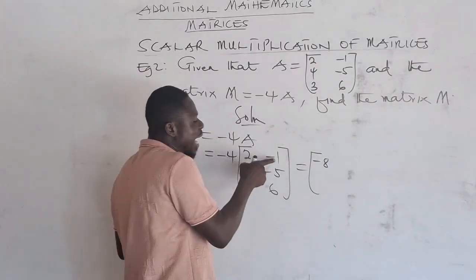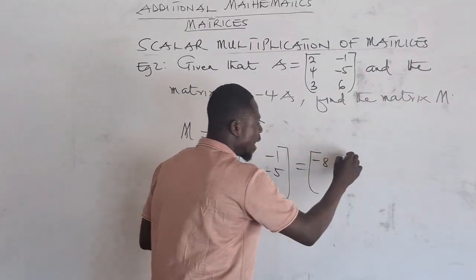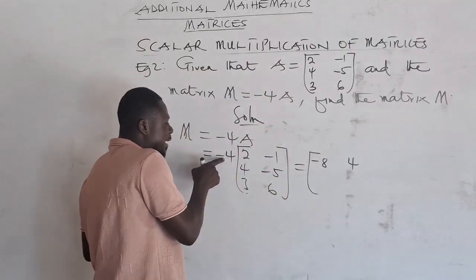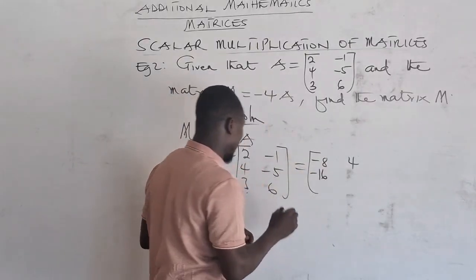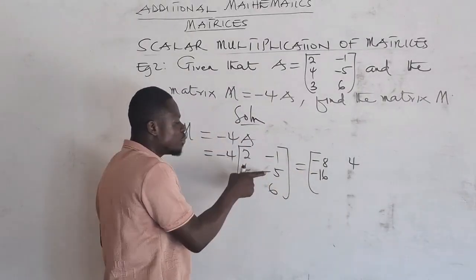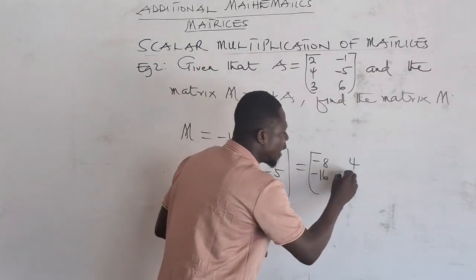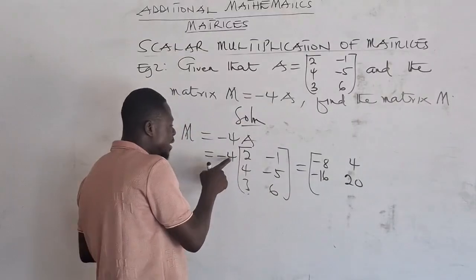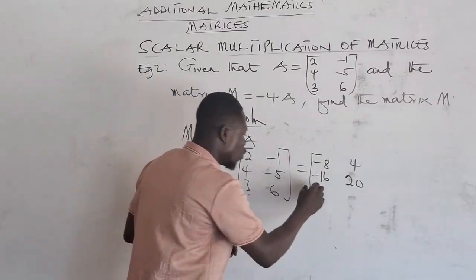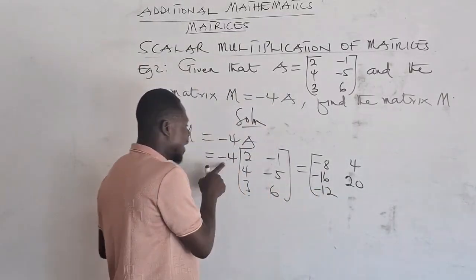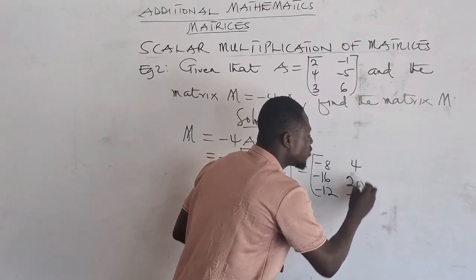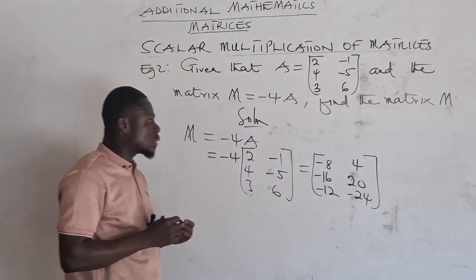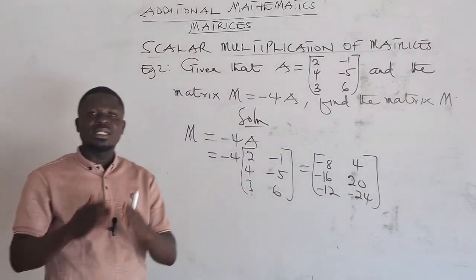Negative 4 by negative 1 will be 4. Negative 4 by 4 will be negative 16. Negative 4 by negative 5 will be 20. Negative 4 by 3 will be negative 12. Negative 4 by 6 will be negative 24. So this is the matrix M.